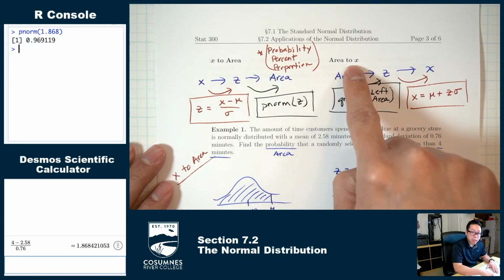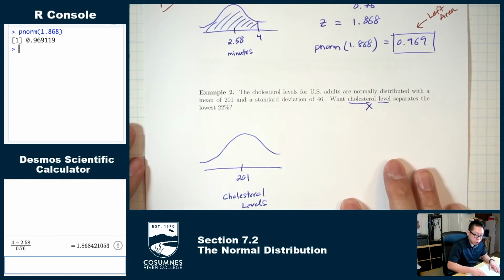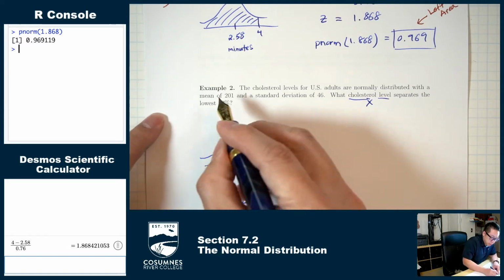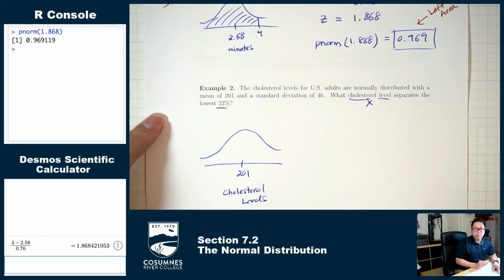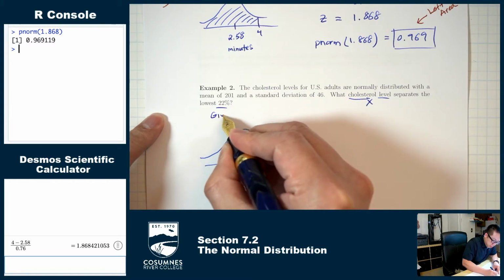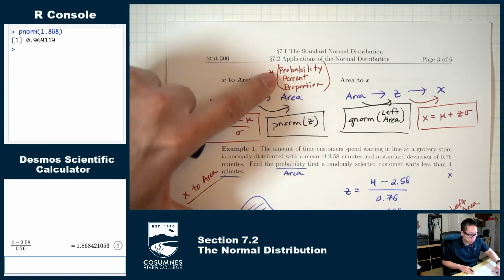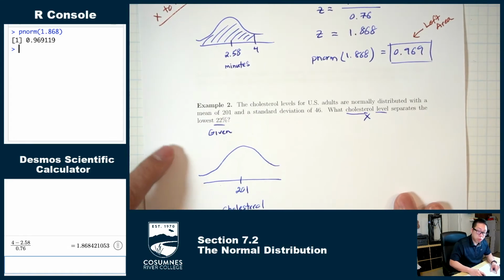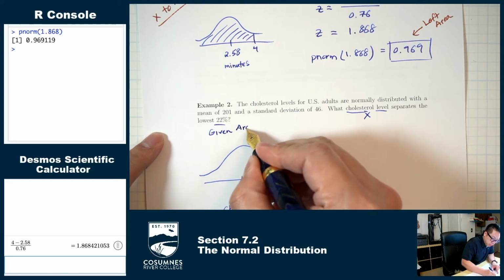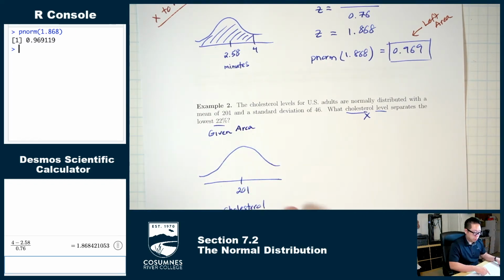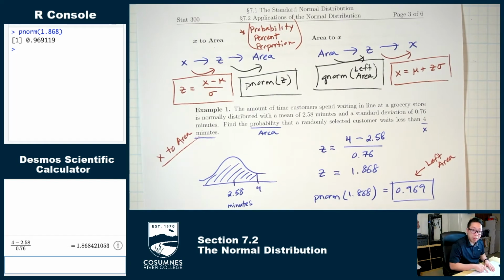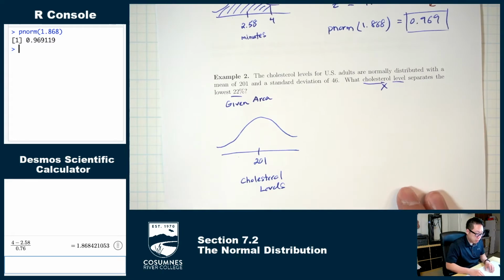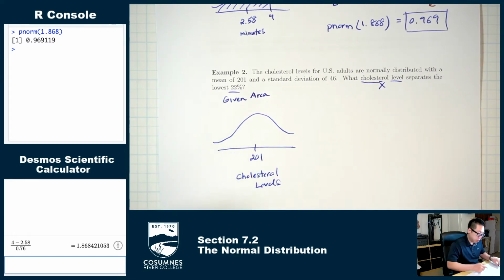This would have to be area to x. Another approach that would help you decide is, notice that I'm giving you this 22%. And we said percent, remember, is just another word for area. So I'm giving you an area to start. So the only situation where you're starting with an area is an area to x situation. So either way you think about it, example 2 is an area to x problem.